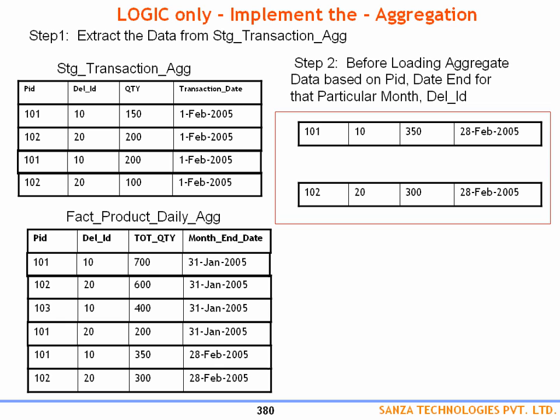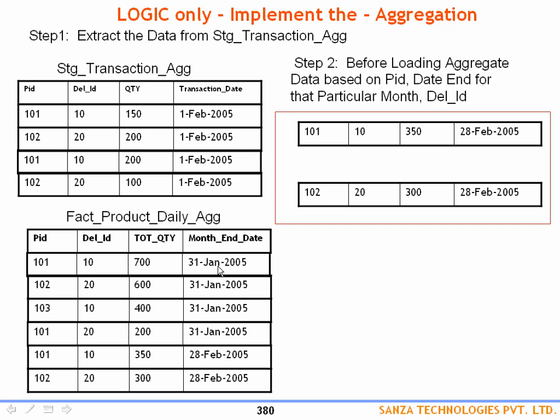So if it is year to date, and in February I am generating the report, what will it be? Actually I have to aggregate 10110. This date will not be 28 February, it is year 2005 sales. So this 350 plus 700 would have been 1050 here. And this will not be month end date, it will be year end date.